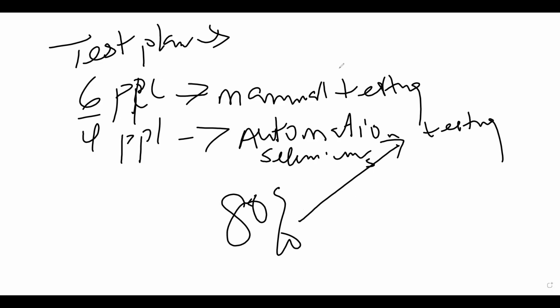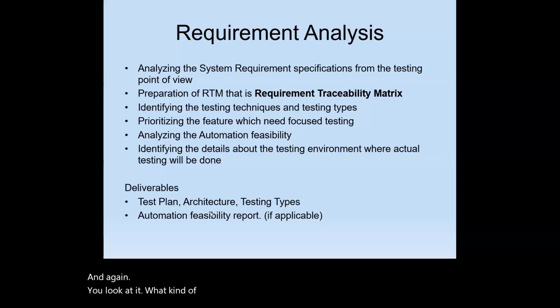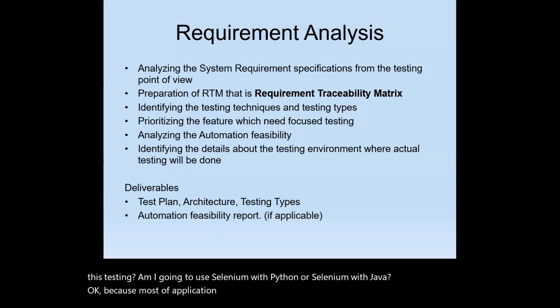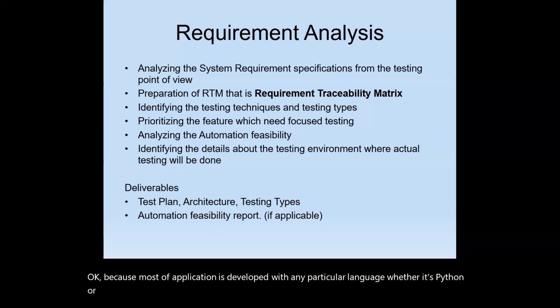And again, you look at what kind of architecture I will be using for this testing. Am I going to use Selenium with Python or Selenium with Java? Most applications are developed with a particular language, whether Python or Java. So that comes under architecture.